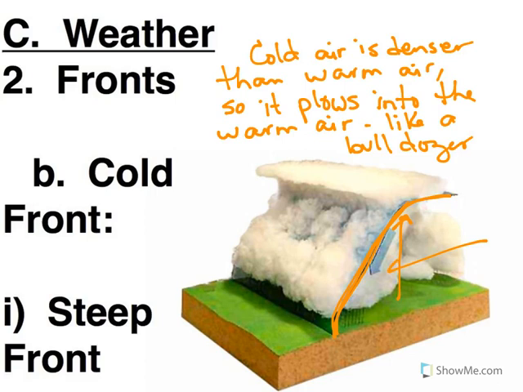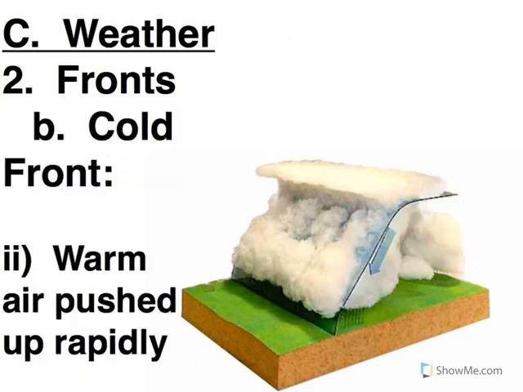So this cold air plows into that warm air, and so it's pushing the warm air forward, but it's also kind of pushing it out of the way. So our warm air is getting pushed up very rapidly because of that steep profile.